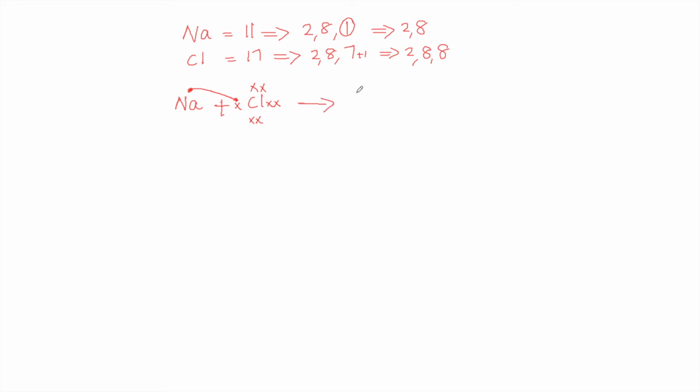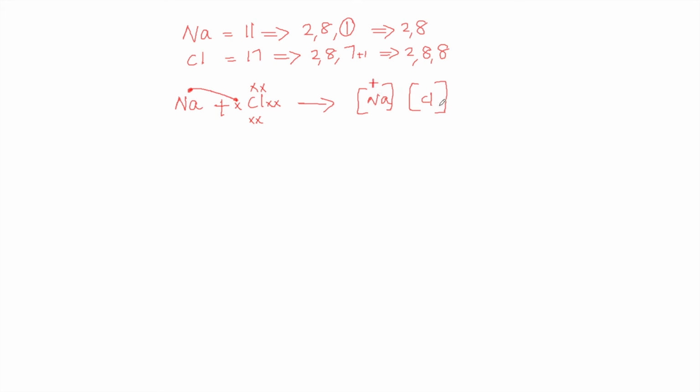On the product side we will represent sodium and chlorine in 2 boxes. This is sodium, this is chlorine. Sodium loses one electron, which means it gains a positive charge. The charge of an electron is negative, so if it loses an electron it gains a positive charge. So Na plus here.